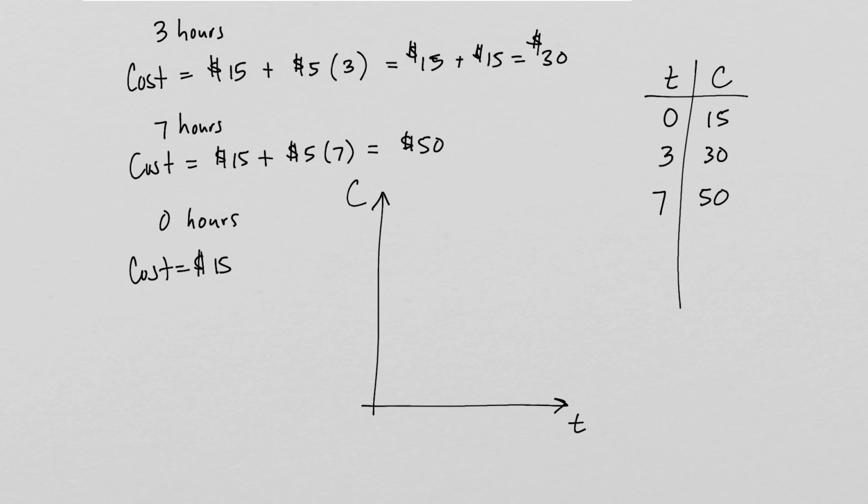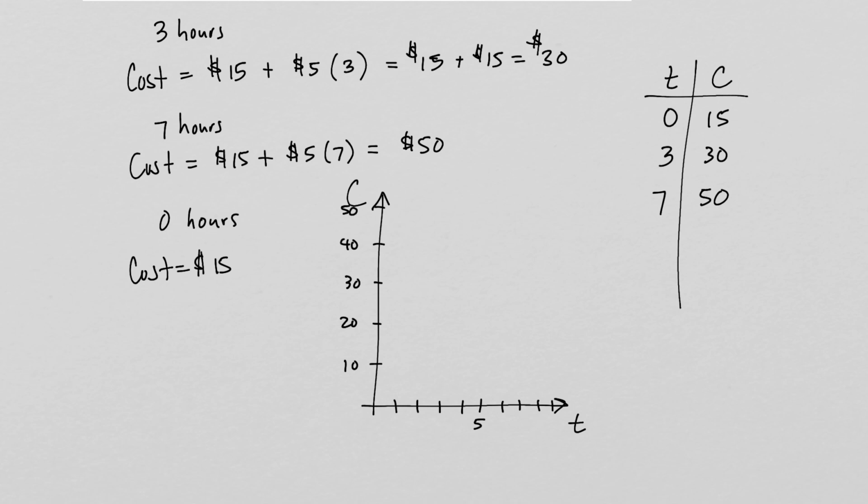So the t-axis will do 1, 2, 3, 4, 5, 6, 7, 8, 9. And on the c-axis, you can see the values I have on my table go up to 50. So I need to make sure I go at least that high. So let's say we go 10, 20, 30, 40, and 50.